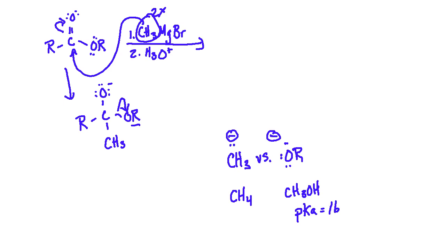The pKa of methane, or the methyl group, is going to be somewhere around 55. All right? So remember, the lower the number, the stronger the acid is, because this is on an inverse logarithmic scale. So we're talking about trillions upon trillions upon trillions of times more acidic, the methanol, versus the CH4.